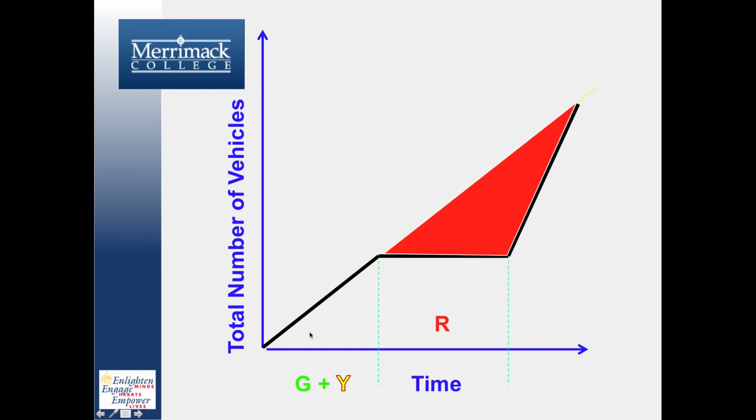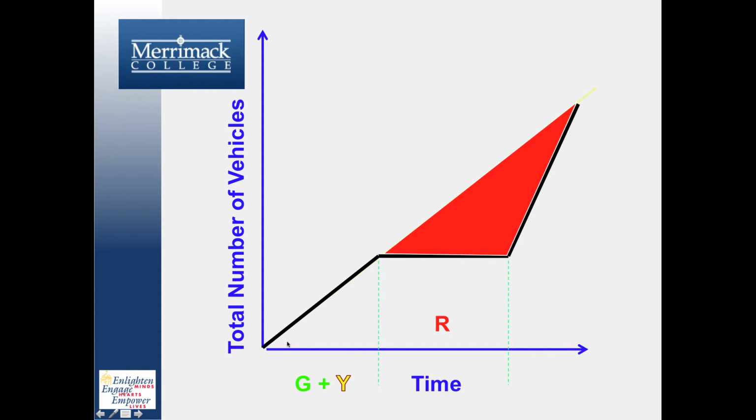So here is the vehicle time curve that I used the last time. This is the total number of vehicles arriving, and this is the time during which they're arriving, and we have two curves. An arrival curve that we're assuming is deterministic, so it's a constant rate of arrival from time zero.